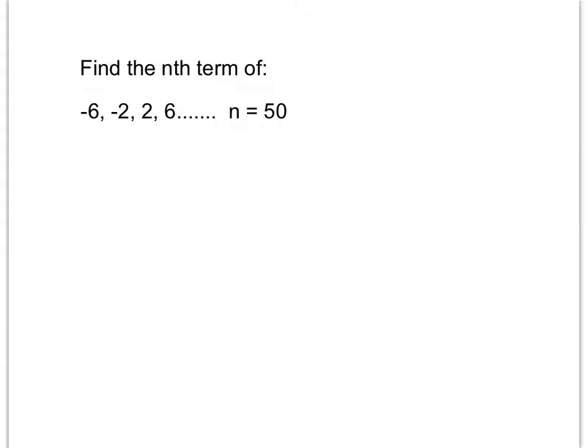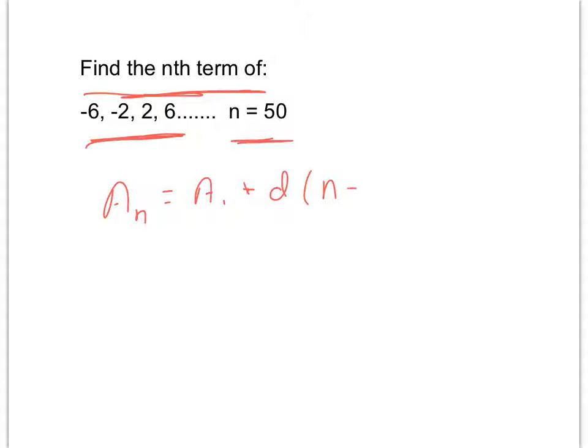Alrighty, in this one right here, find the nth term of the following arithmetic sequence, n is 50, so we're asked to find the 50th term. We're going to start by finding our rule. We know our rule is going to be a sub n is equal to a sub 1 plus d times n minus 1.